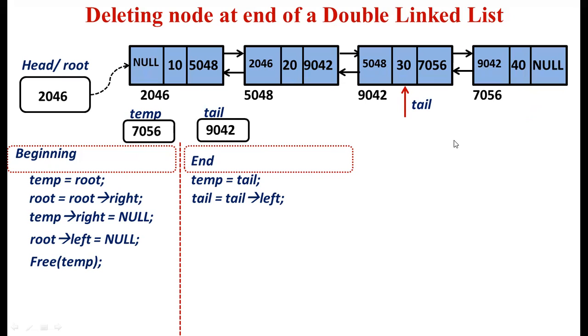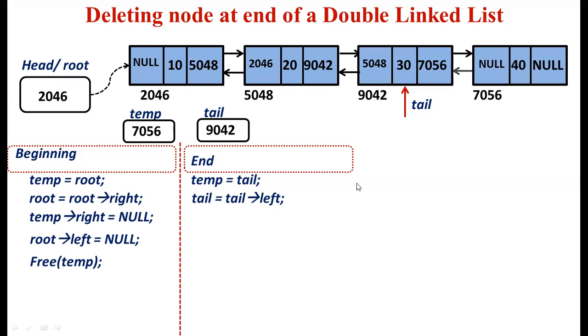Now this value we have to fill with null. And at the same time, we have to fill this value also with null. So let us first fill this value with null. So what is this? 7056. 7056 is temp. So here in the temp to left value, we have to place the null value so that we can remove this connection.